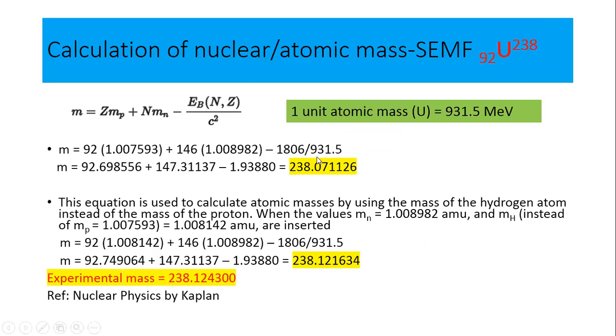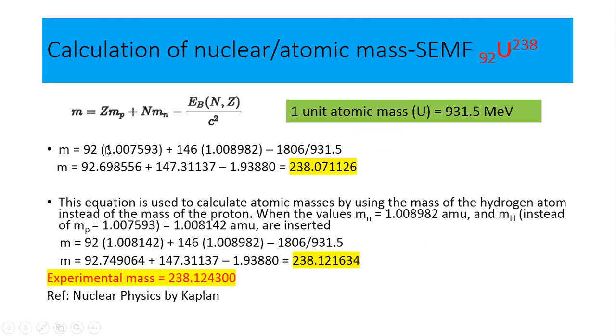I'm going to divide by 931.5, and this will give you the value of this. Just multiply, and the final value will be 238.071126 atomic mass unit, or simply u, the unified atomic mass unit.